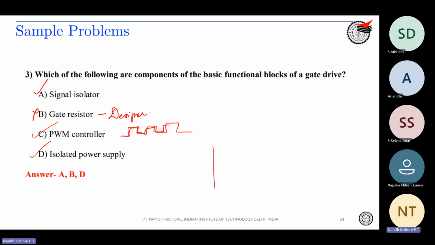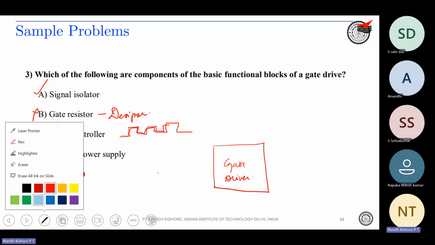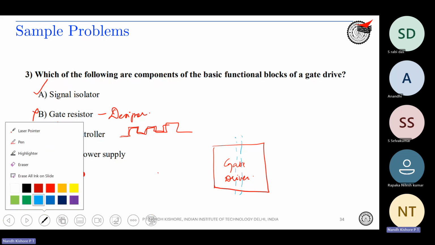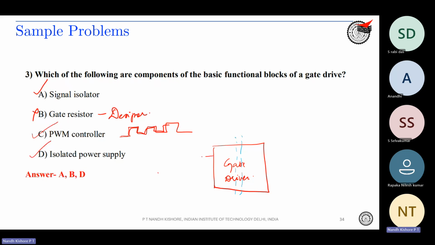So a gate driver typically looks something like this. Gate drive. So it will be isolated. Over here, you will be feeding your PWM pulses.